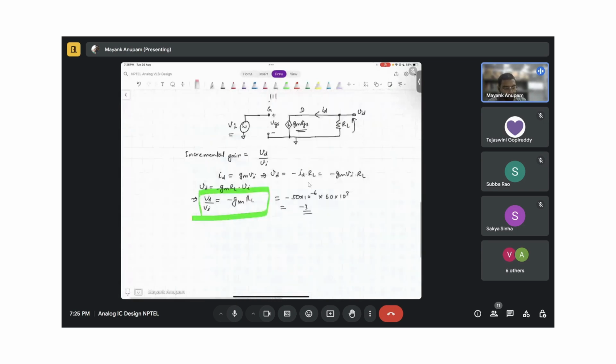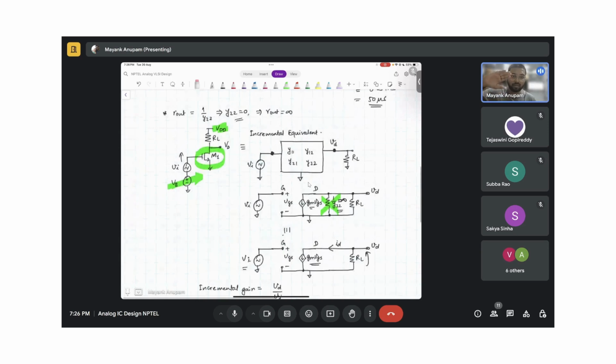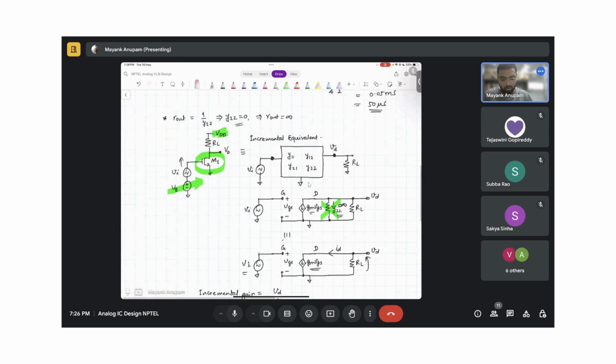The meaning of -3 is that the gain is negative, which means if something is increasing, in response something else is decreasing. Input increasing, the output is decreasing. That is the meaning of negative gain. So if you increase Vi by 1 millivolt here, then the output Vd will decrease by 3 millivolts. That is the meaning of this.